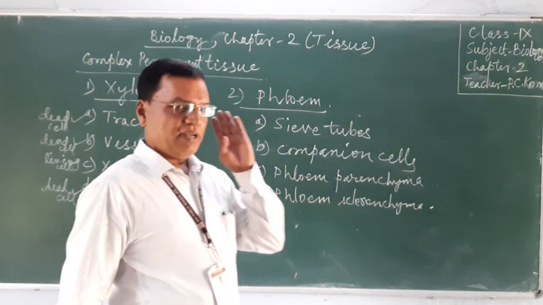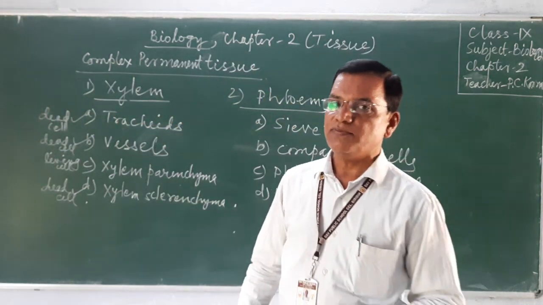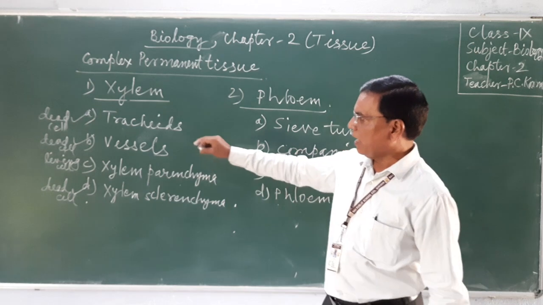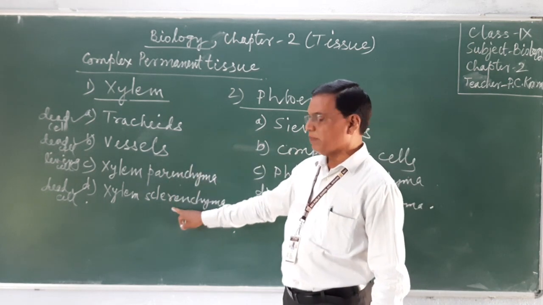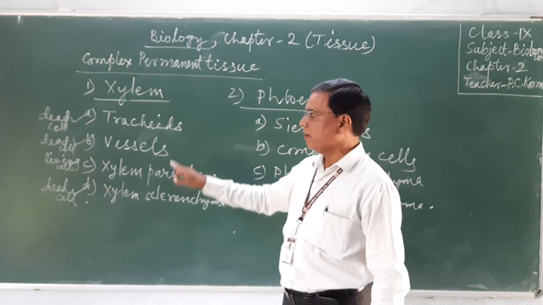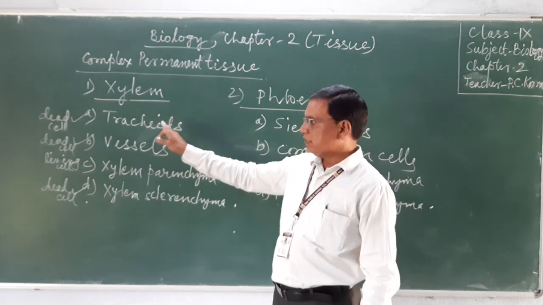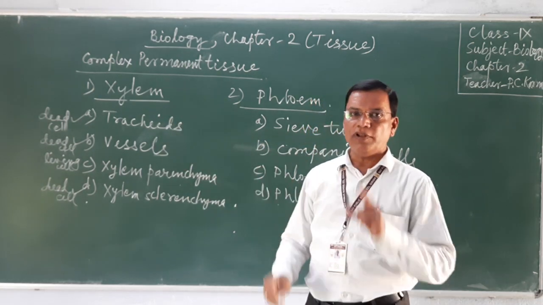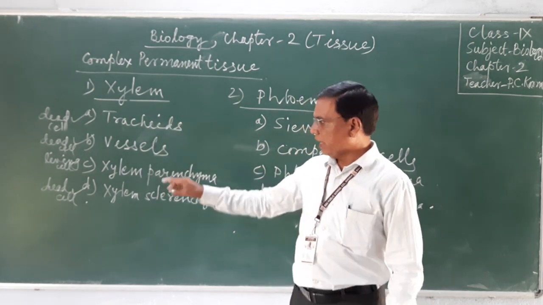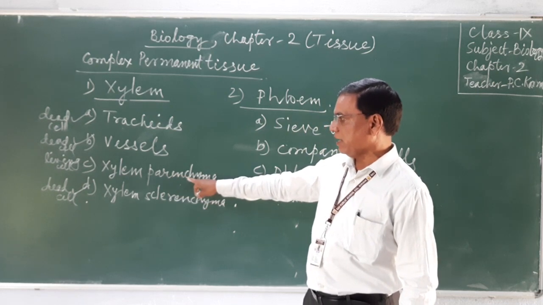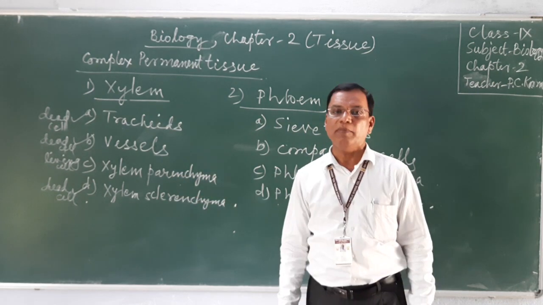Xylem contains 4 different types of elements. These 4 different types of elements are tracheids, vessels, xylem parenchyma, and xylem sclerenchyma. Out of 4, 3 are dead, only 1 is living, and that living cell is xylem parenchyma.